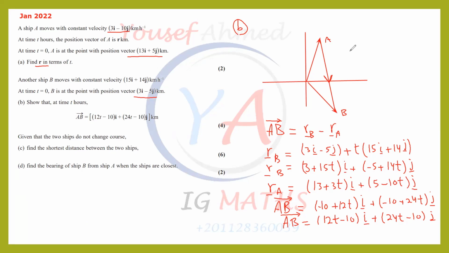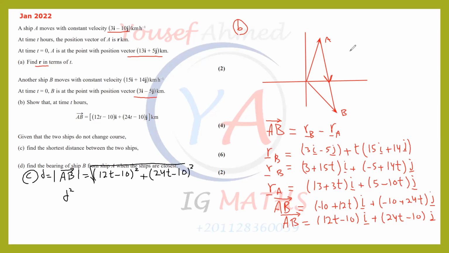To get the distance for part C, it will be the magnitude of vector AB, which is the square root of (12t minus 10) squared added to (24t minus 10) squared.